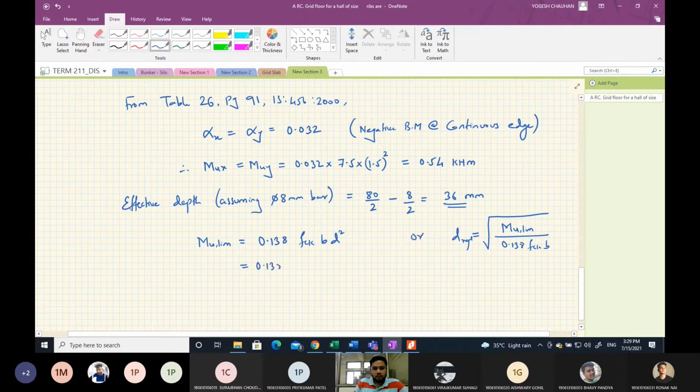So it will be 0.138 into 20 into 1 meter into 36 square.